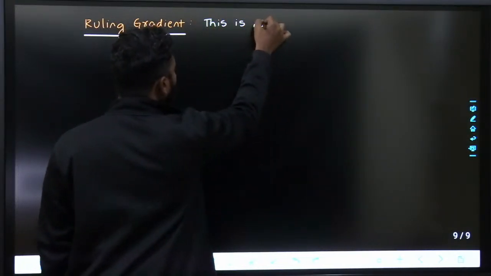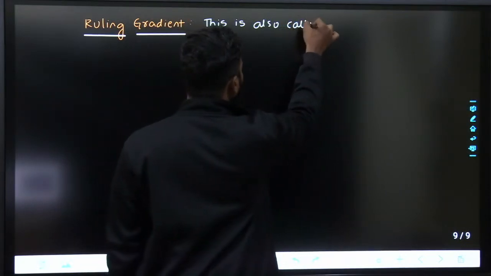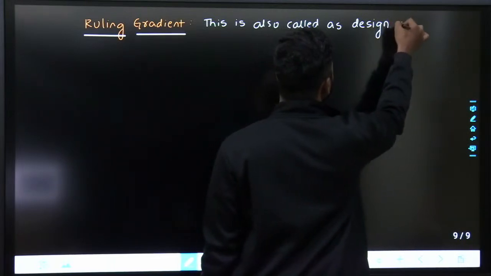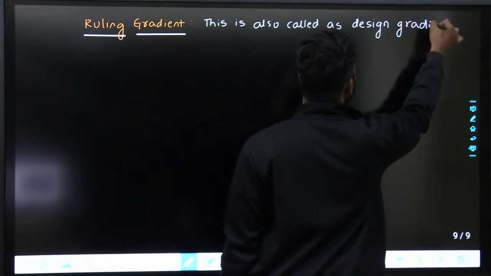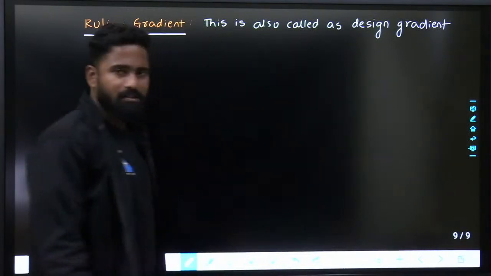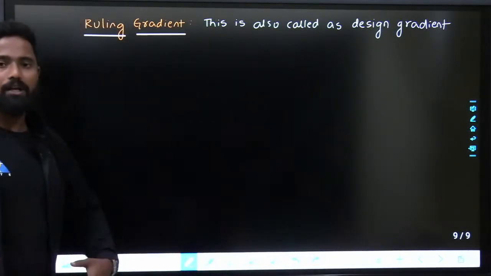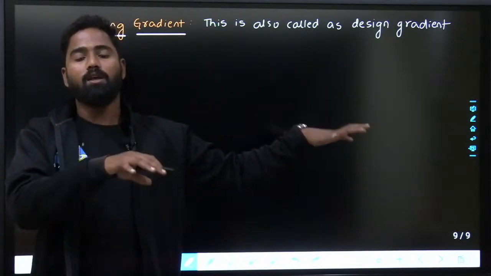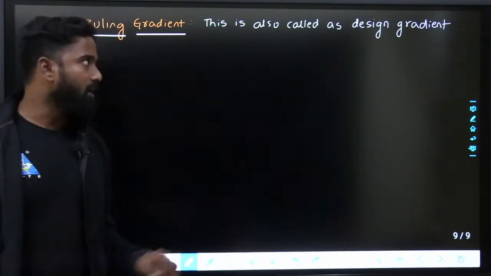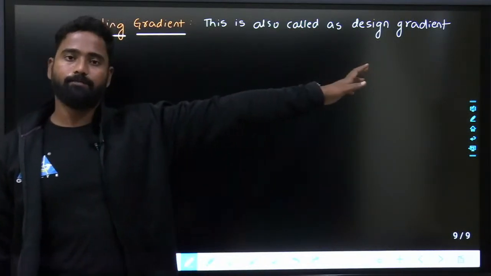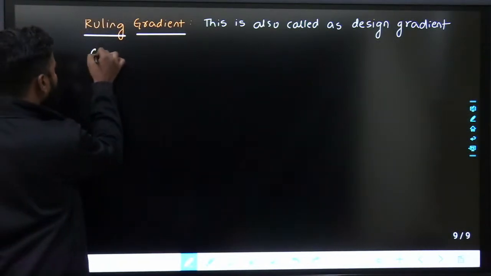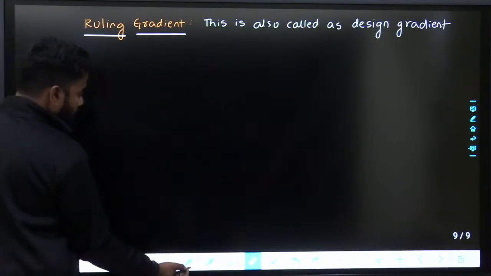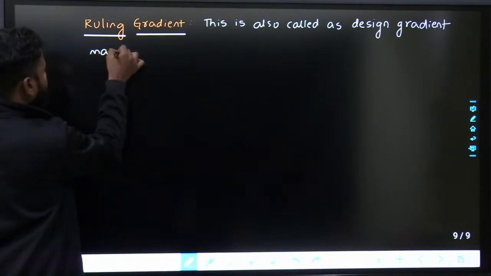Generally this is the maximum gradient that you will design in the given vertical curve, the gradient which is provided by the designer.